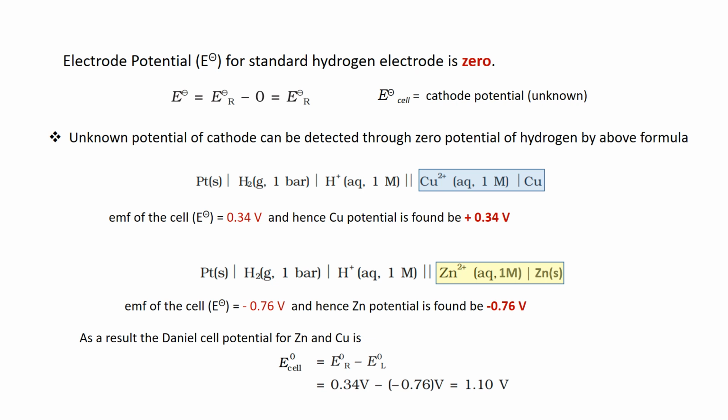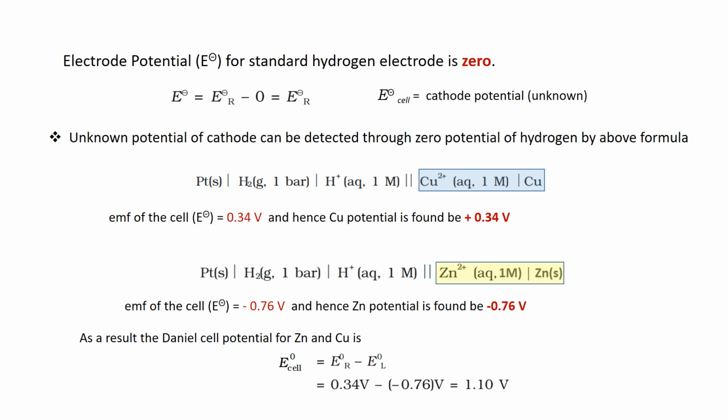Standard electrode potential is the one which is maintained at unit concentration, that is, 1 molar concentration of electrolyte. So we don't know the electrode potential of copper and zinc. When we connect the copper with the hydrogen and the zinc with the hydrogen, we can determine the standard electrode potential of copper and zinc.